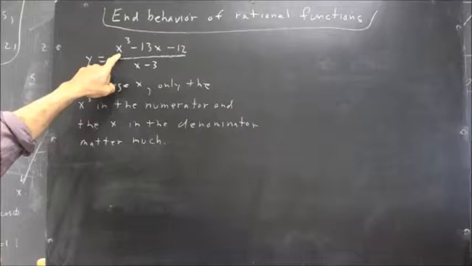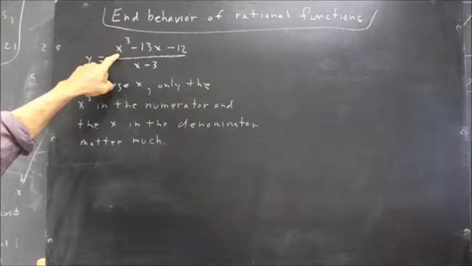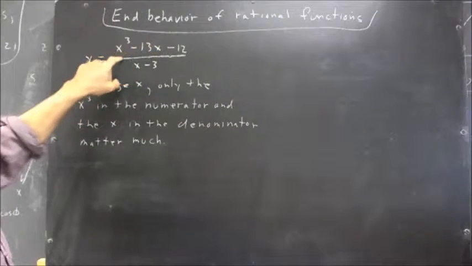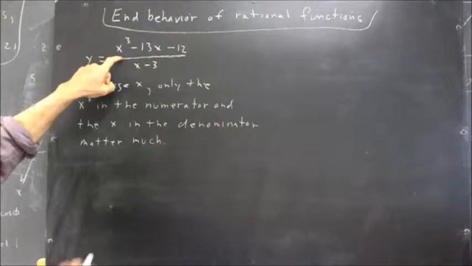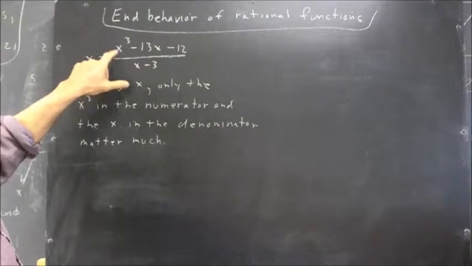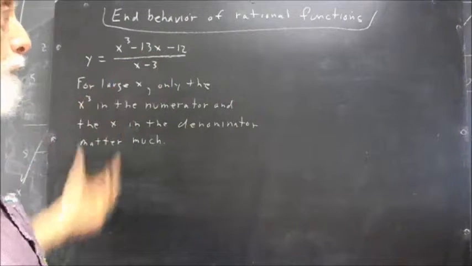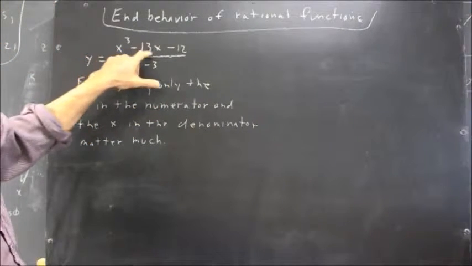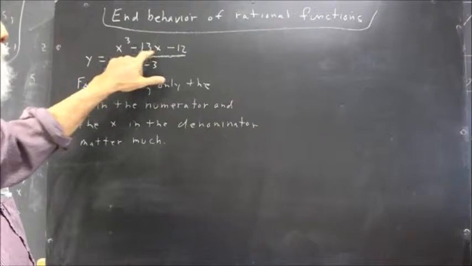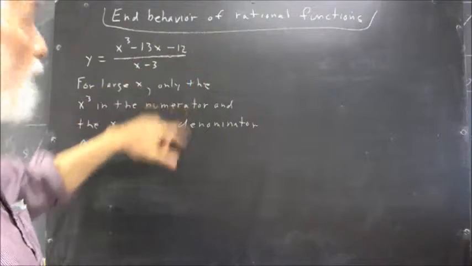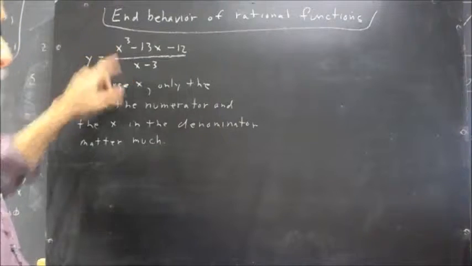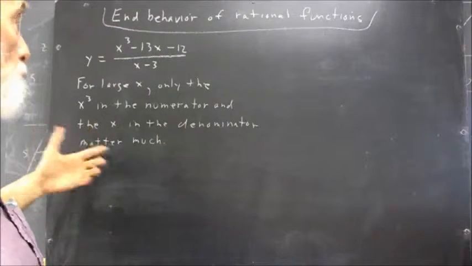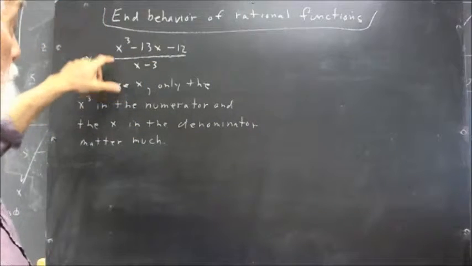Like if x is 1,000, then x cubed is 1,000,000,000, whereas 13x is just 13,000. This is much, much bigger, and 13,000 or even 13,012 compared to 1,000,000,000 is insignificant for most purposes.